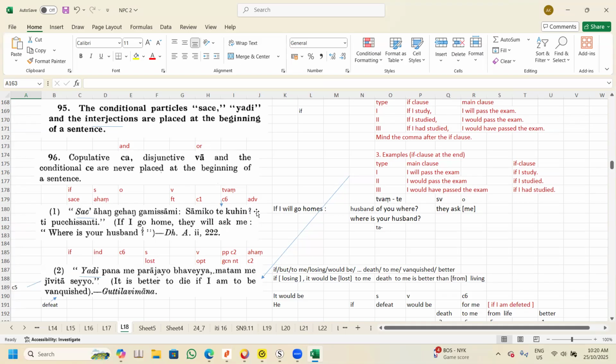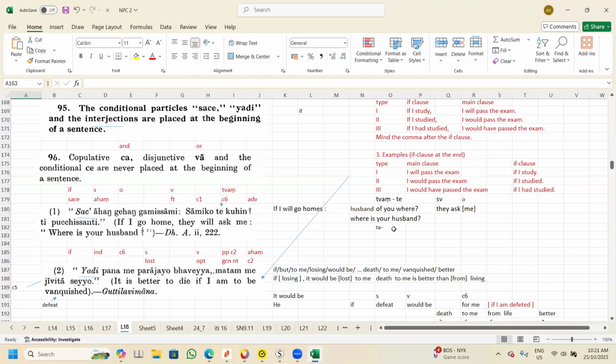But in this case, it does not go in front. However, you don't get alarmed. So if you break it down, husband of you, where? That means you understand, where is your husband. Understand? So this part of the translation is the most difficult, because you read the Pali, you straight away can understand husband of you. So you reverse it: is your husband where.